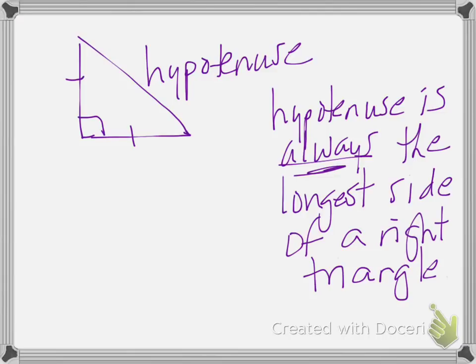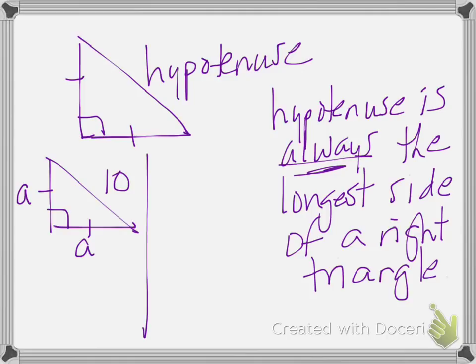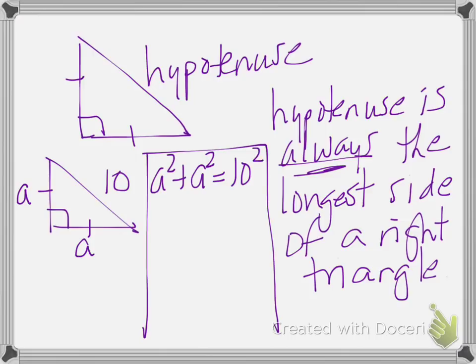So let's say that you have an isosceles right triangle and you're given that the hypotenuse is, I don't know, I'll just say 10. Well, if we call this side A and this side B, isn't A and B really the same thing? Because it's isosceles, the two sides are equal, so we can call them both A. Then we would get A squared plus A squared equals 10 squared.